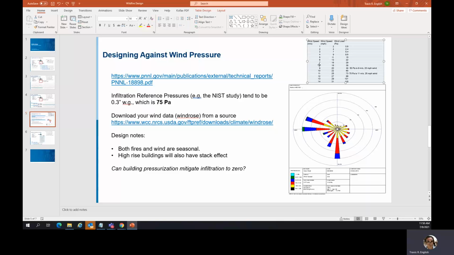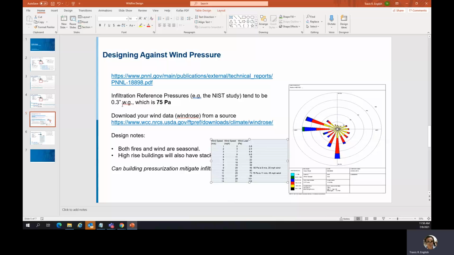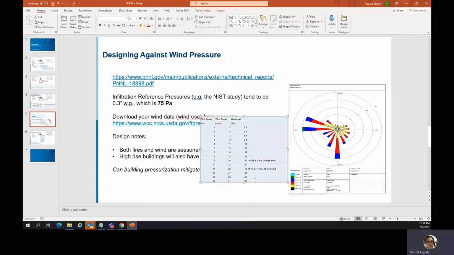But I thought it was interesting when you look at wind rose data, most of our infiltration studies tend to be based on this 0.3 inches of static pressure, 75 Pascal. And that's quite a bit of wind. Or I guess it's higher than the average that I would expect in some of our territories.